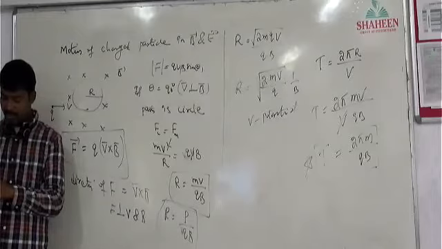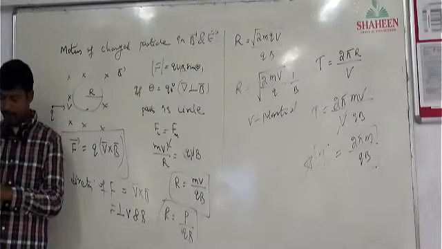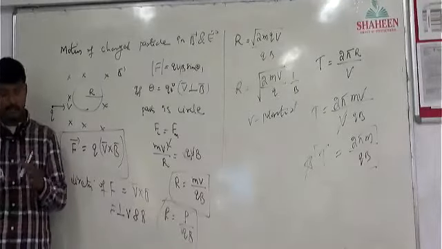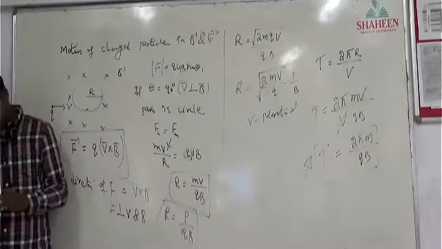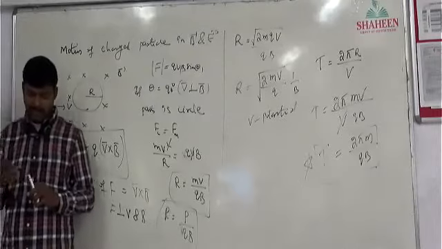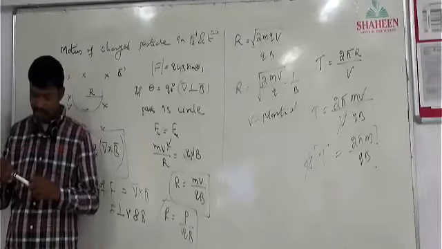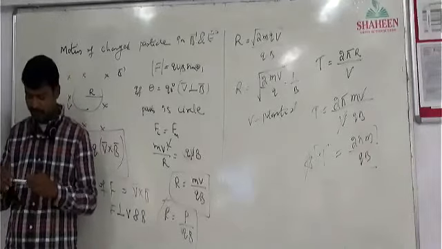The formula is there in front of you on the board. Tell me, find the ratio of time periods of two protons entering into the same magnetic field, one with velocity v, the other with velocity 2v.